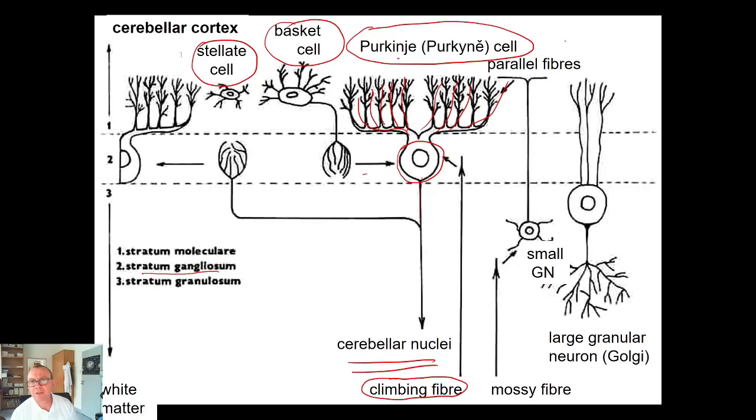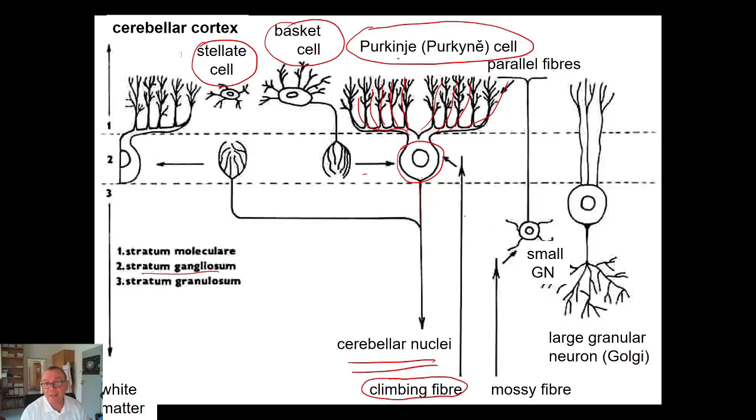So the molecular layer of the cerebellar cortex is very rich in processes, very rich in dendrites or axons, and the number of cell bodies there is quite small.